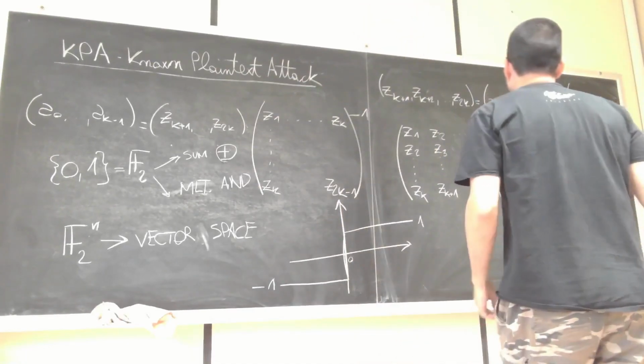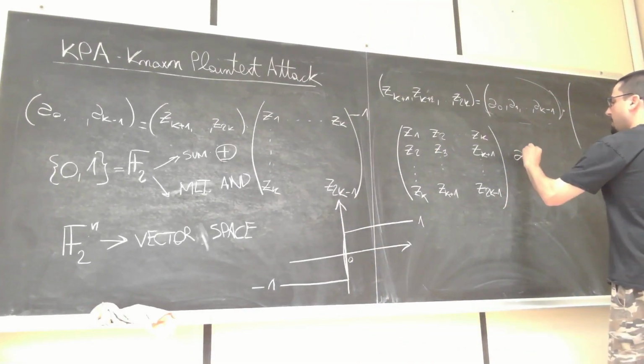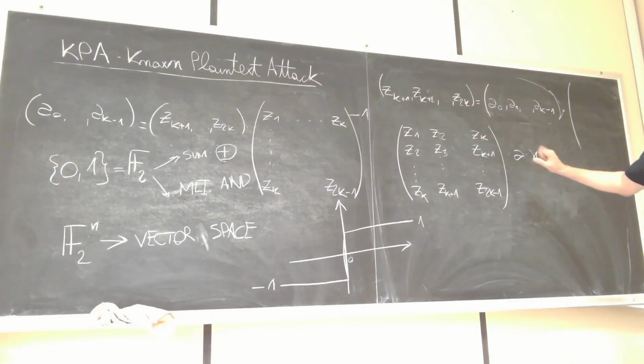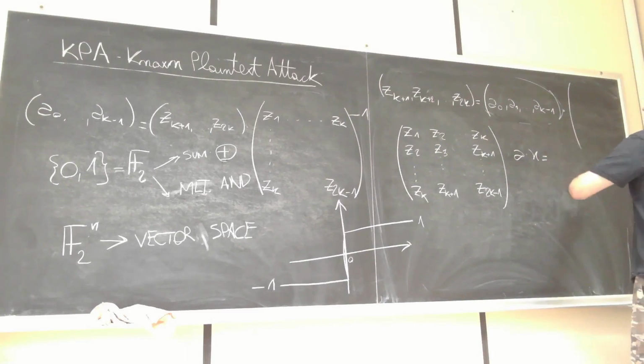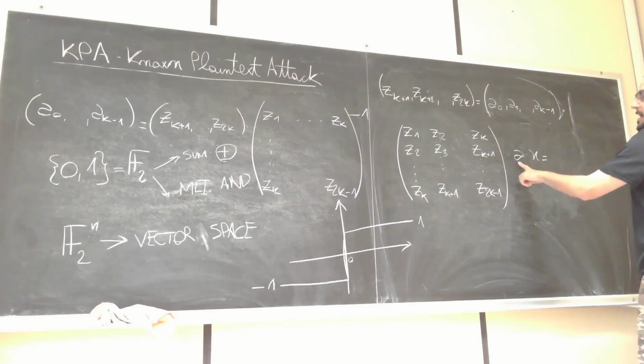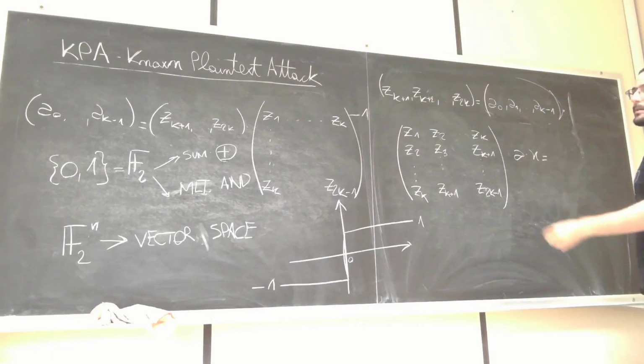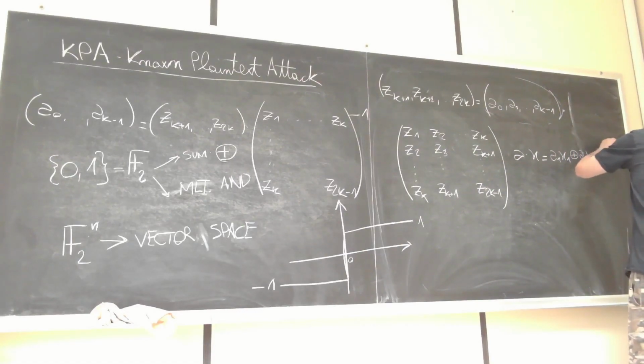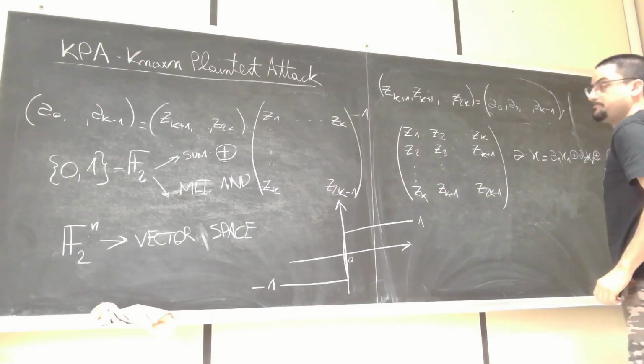So this writing here is to be intended as a scalar product, the classic dot product. If we have a that is a1, a2 up to an, and x that is x1 up to xn, then we will have a1 and x1 XOR a2 and x2 XOR until an and xn.